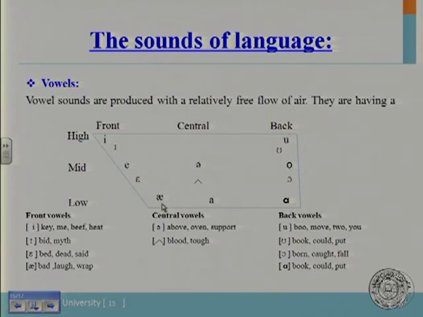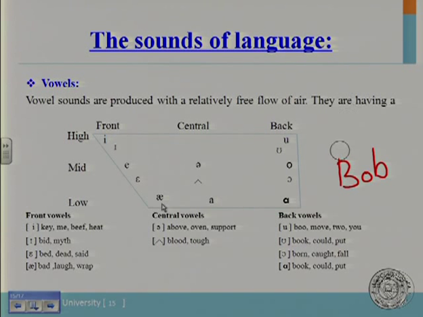The third one, as in born, coat, and fall. And the last one, as in, for example, Bob or Swan. So these are the sounds, and you need to practice them well.